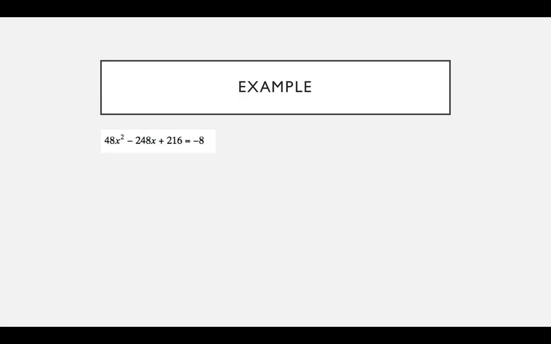So here's an example. The first thing that we have to do here is set this quadratic equal to 0. So I need to add the 8 to both sides.